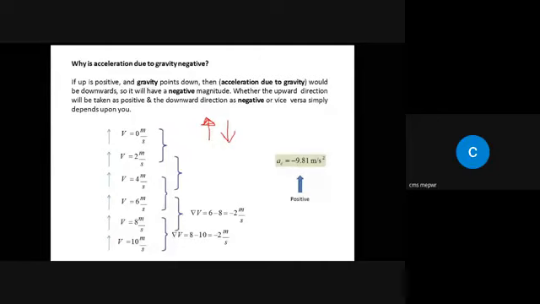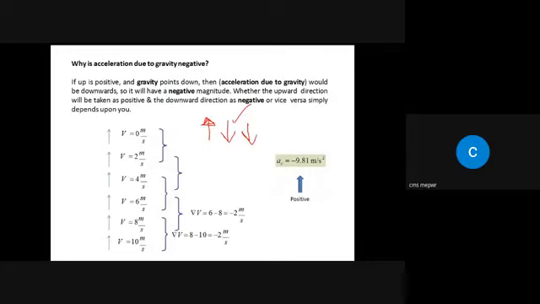So if up is positive and gravity points down, then acceleration due to gravity would have negative magnitude, whether the upward direction is taken as positive and downward as negative, or vice versa. So it simply depends on you. If you take the convention as downward positive, then acceleration due to gravity will be positive, right?